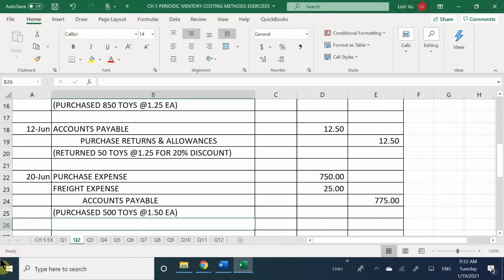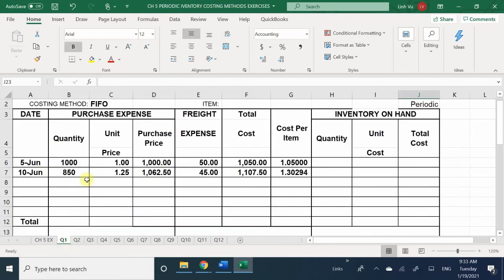Now that my journal's complete, I'm going to go to my inventory worksheet and record this in here. So June 20th, we purchased 500 toys at $1.50 and freight was 25. So what's my total purchase price here? 750.